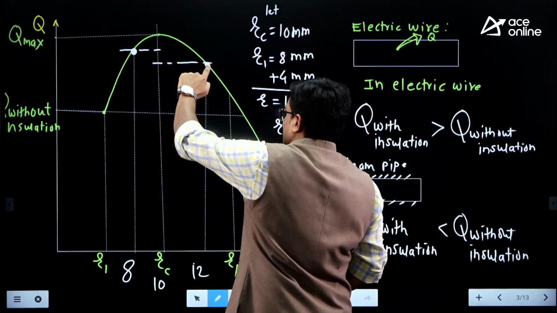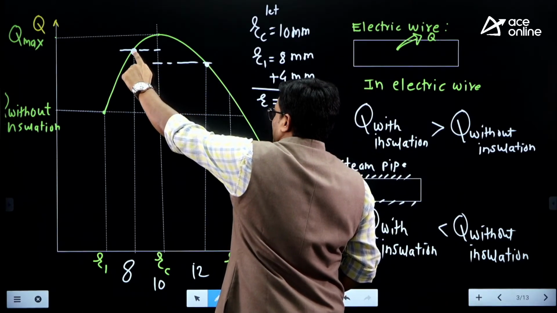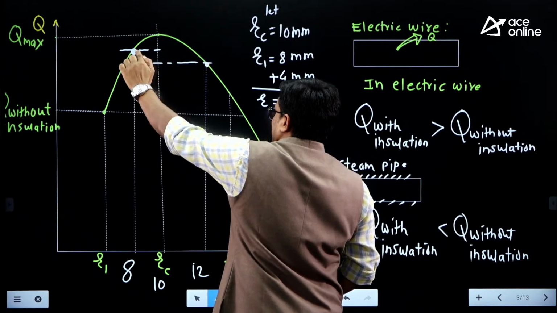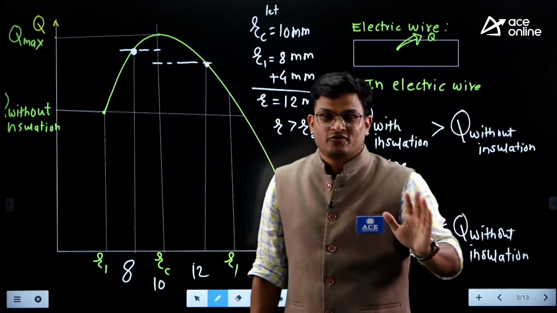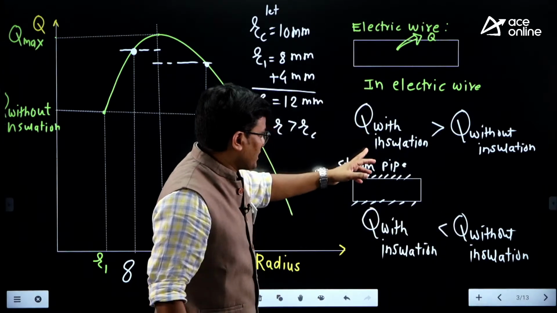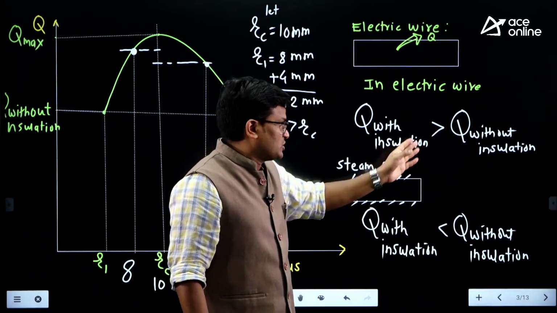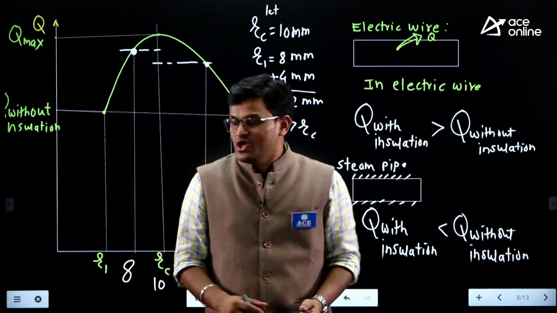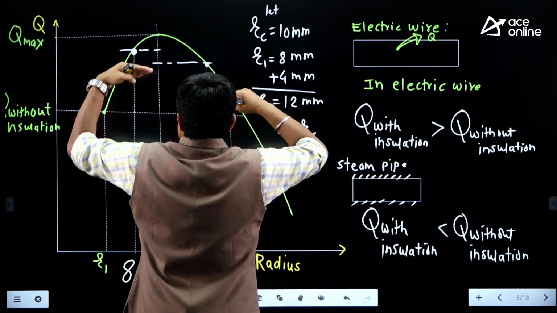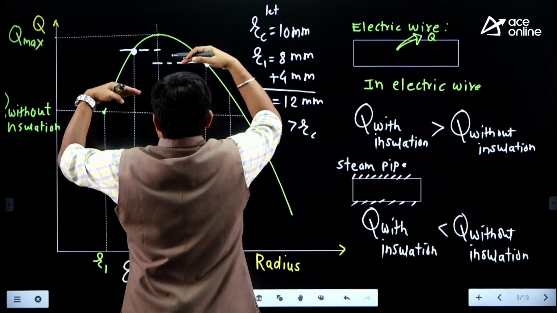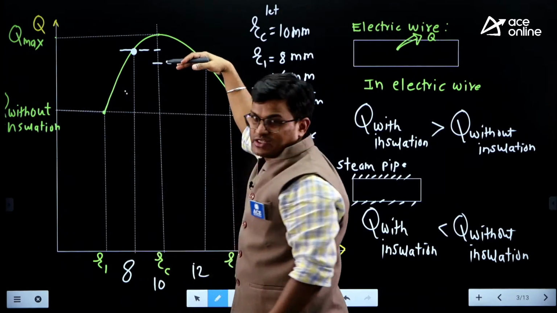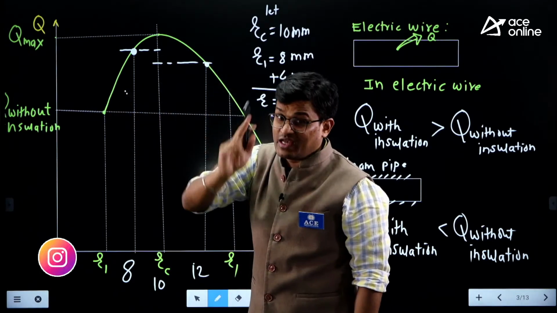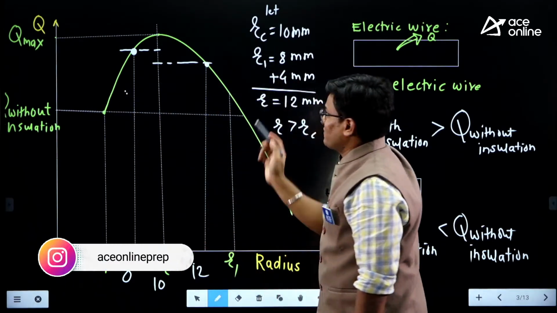If the heat transfer at this point is less than at this one, then the design flopped, we failed in the design. Why? Because in case of electric wire, Q with insulation should be greater than without insulation. So always remember, with insulation should always be higher in case of electric wires.